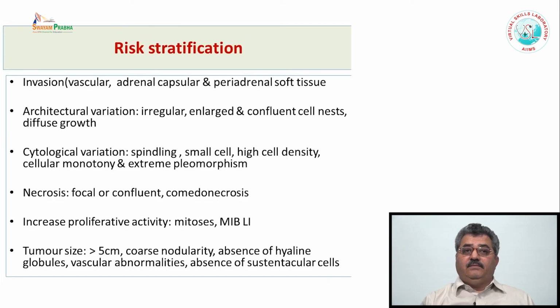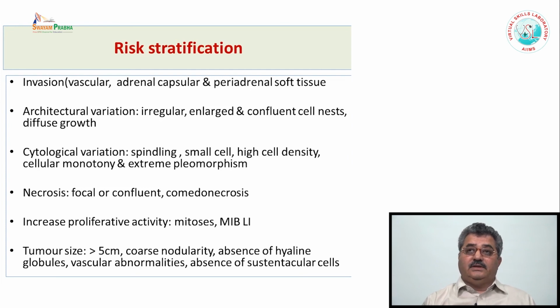But recently there is some risk stratification, and some of the features which are taken into consideration for the risk stratification are the invasion. Invasion means the vascular invasion outside the tumor. It may be the adrenal capsular invasion, periadrenal fat tissue invasion. There may be architectural variation.